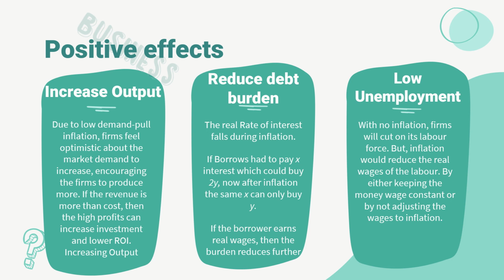And also the producer is not earning a nominal value, the producer is earning a real value. So that's even greater for the producer. This will increase employment in the economy, causing low unemployment. This is not much effective consequence or effect in the economy, but it is an effect, a positive effect.